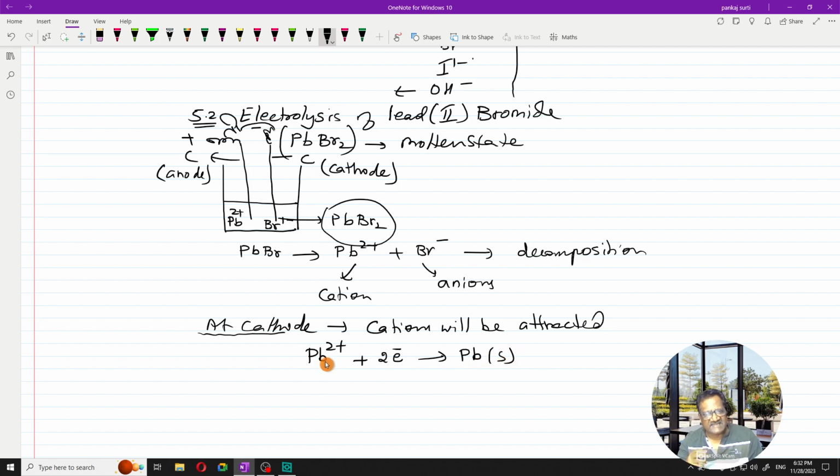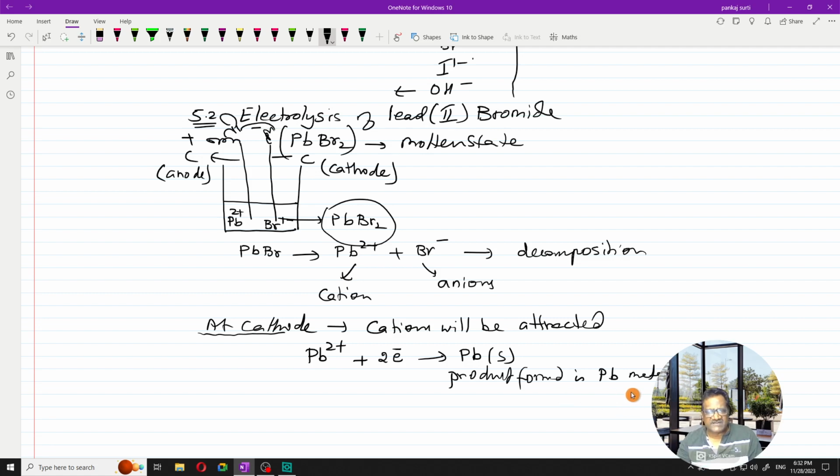There are so many lead cations and so many electrons coming from the cathode, and slowly this lead metal will start accumulating layer by layer on the cathode. So at the cathode, the product formed is lead metal. That clear? It is a brownish colored metal.